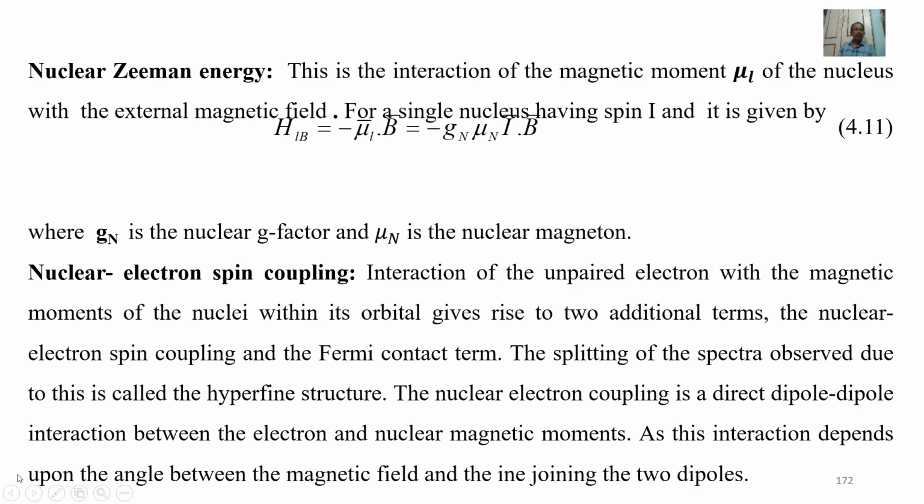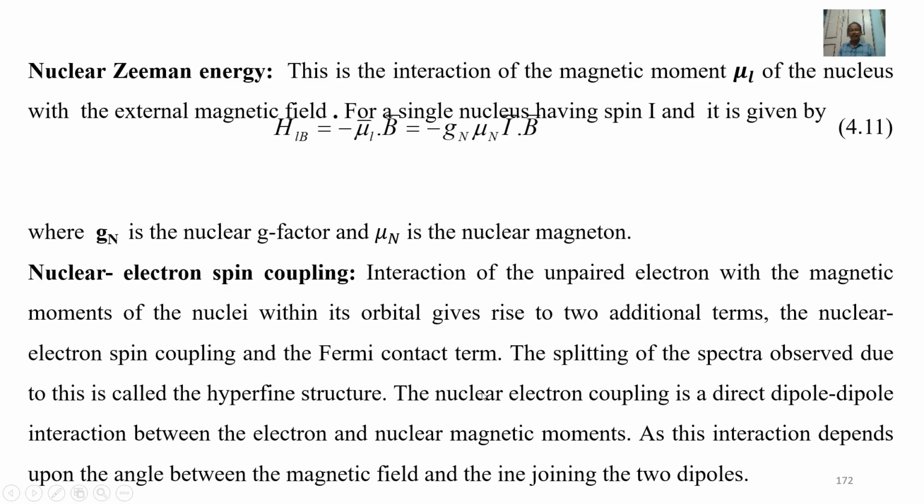Nuclear electron spin coupling. Interaction of the unpaired electrons with the magnetic moments of the nuclei within its orbital gives rise to two additional terms, the nuclear spin coupling and the Fermi contact term. The splitting of the spectra observed due to this is called the hyperfine structure.